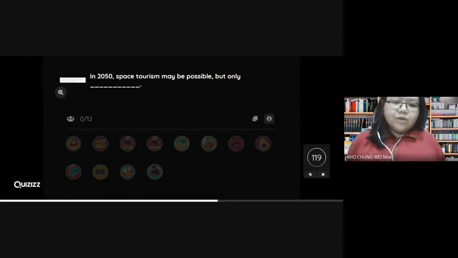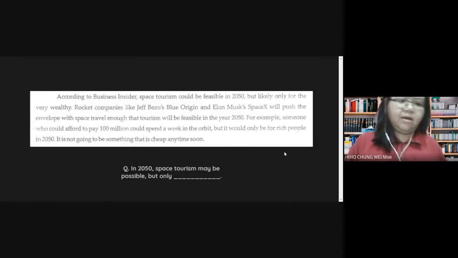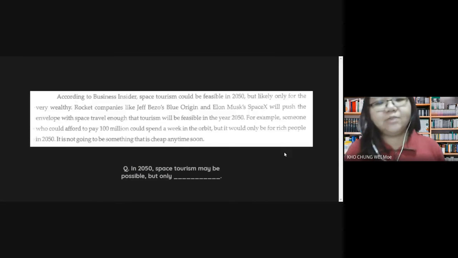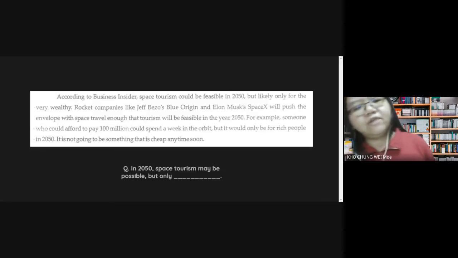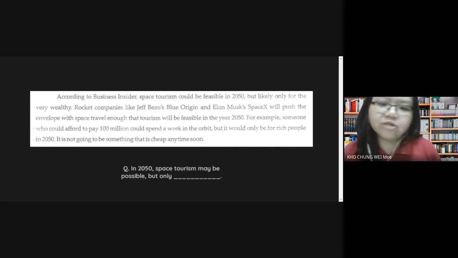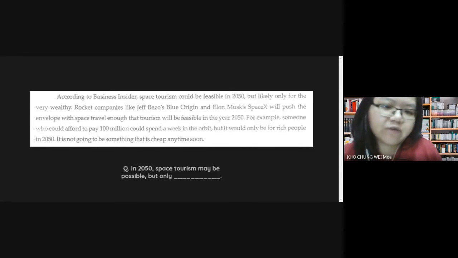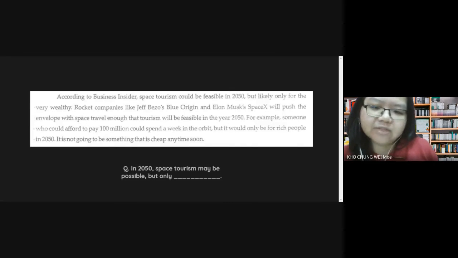In 2050, space tourism may be possible, but only... According to Business Insider, space tourism could be feasible in 2050, but likely only for the very wealthy. Rocket companies like Jeff Bezos's Blue Origin and Elon Musk's SpaceX will push the envelope with space travel enough that tourism will be feasible in the year 2050.